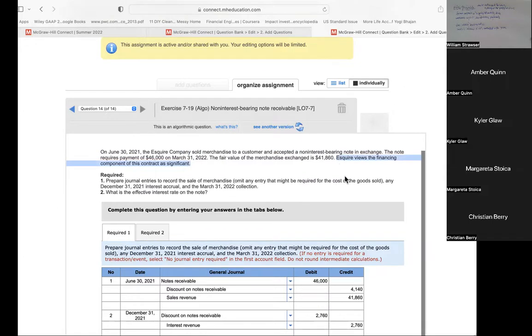They add that they view the financing of the note as significant, so that's kind of a way to communicate that you're going to have to accrue interest on it. But just with these terms, we have $46,000 due March 31st of '22, exchanged for merchandise with $41,860 of value.